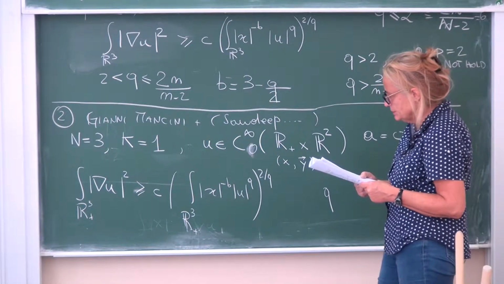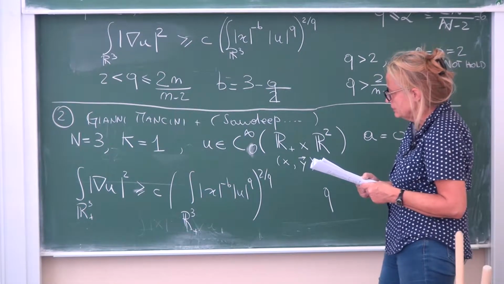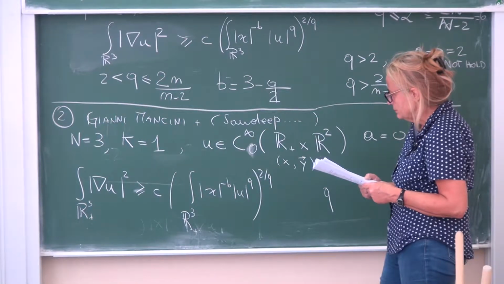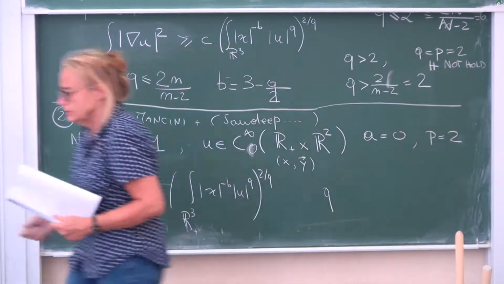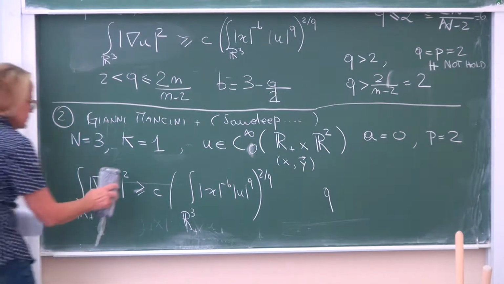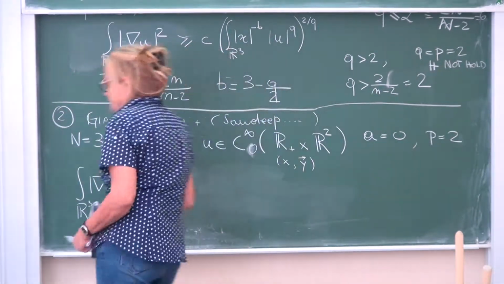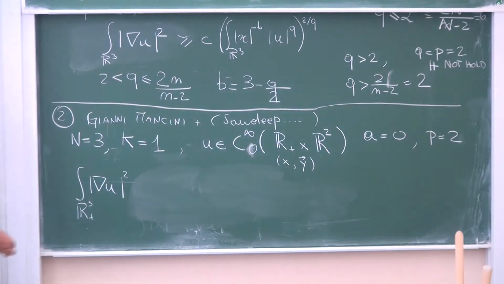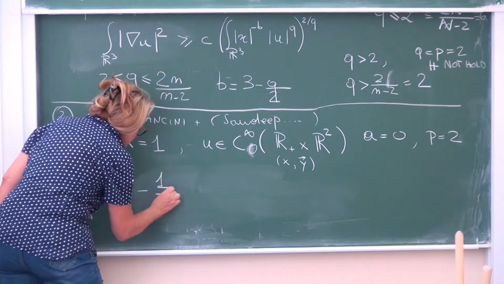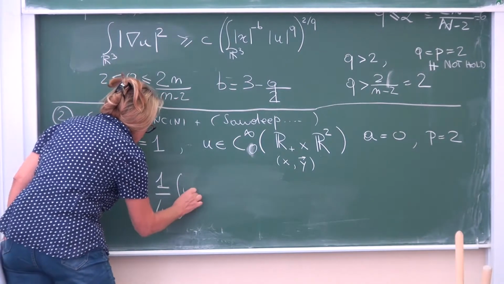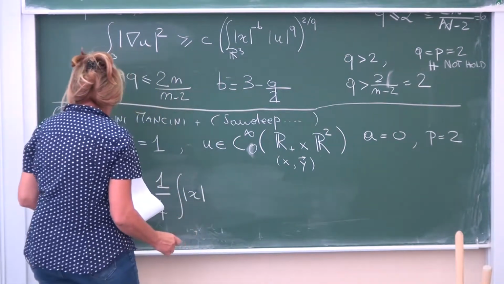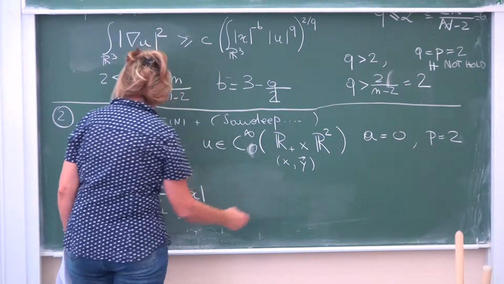Q between 2 and 6 seems to be totally trivial. This is not the remark by Gianni Mancini. I have to write better the remark by Gianni Mancini, which is as follows. Well, the hard inequality tells you that this quantity is positive for functions here.